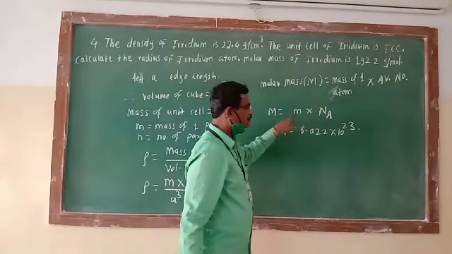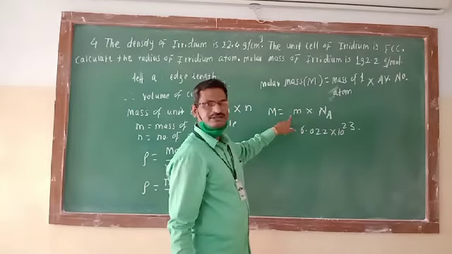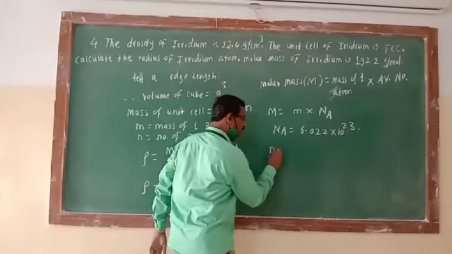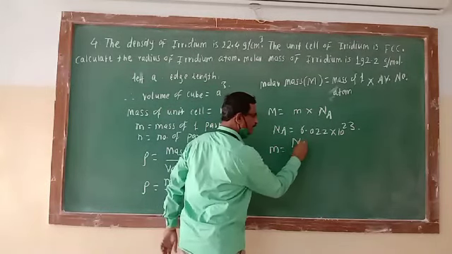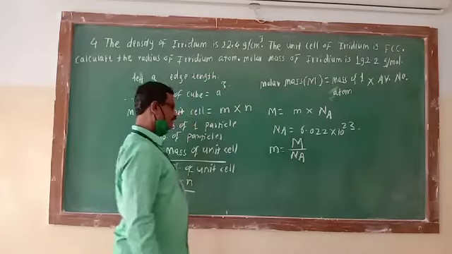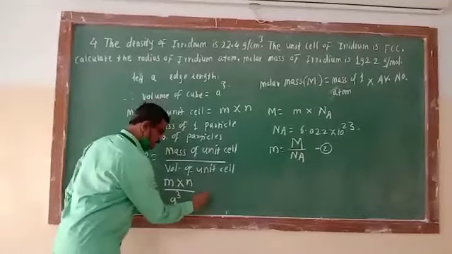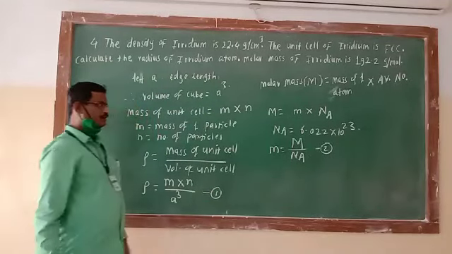From this equation, what is the mass of one atom, the mass of one particle? It is m equal to capital M divided by Na. Let this be equation number 2 and the earlier one be equation number 1.